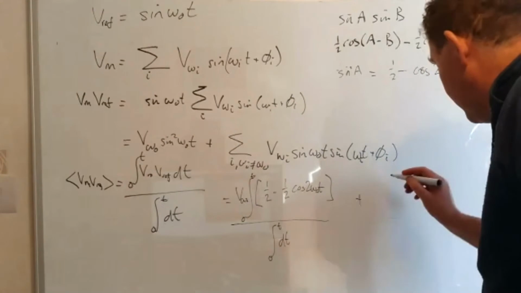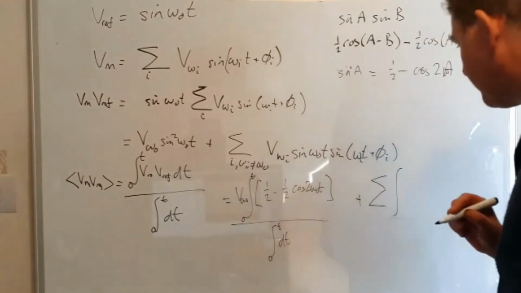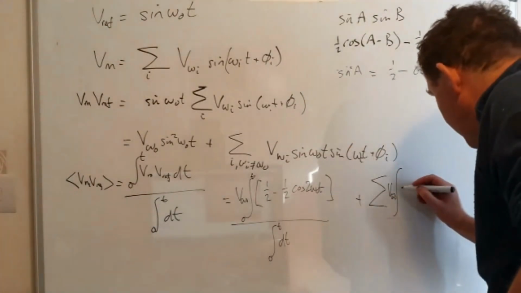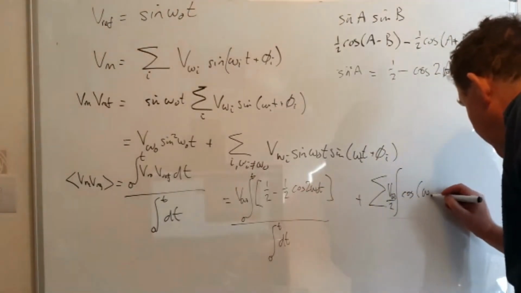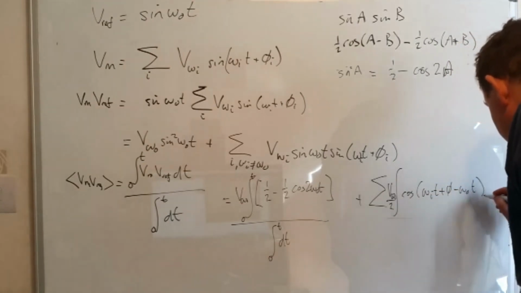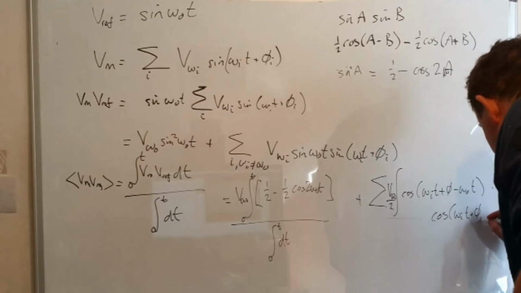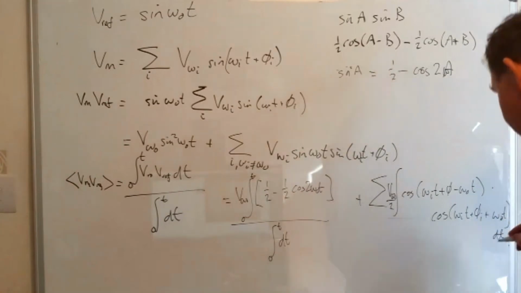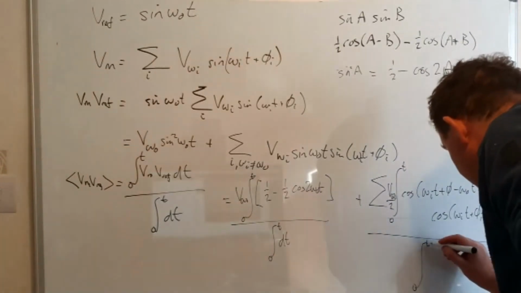And then the sum of integrals, we're going to have v omega I, and then this bit here, put the half there, we're going to have cos of omega I t plus phase minus omega naught t, times cos of omega I t plus phi I plus omega naught t, and that's also with respect to time, 0 to t, and that lot is also 0 to t dt.